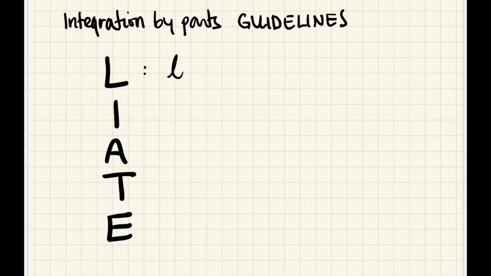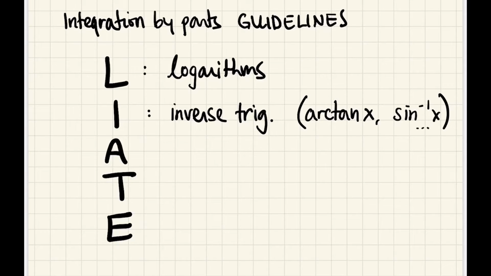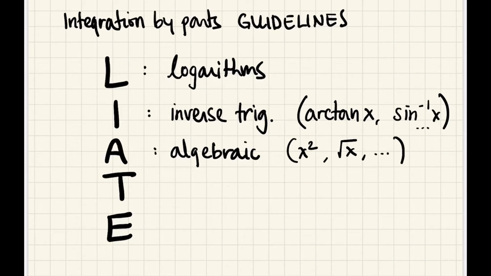L, for instance, stands for logarithms. I stands for inverse trigonometry, so that's like arctangent of x or arcsine of x, etc. A stands for algebraic. This is kind of the catch-all one, so that would be like an x squared or root x, etc. T is for trigonometric functions. These are the direct trig functions like sine of x.